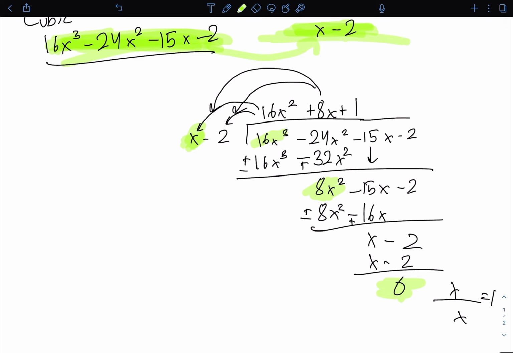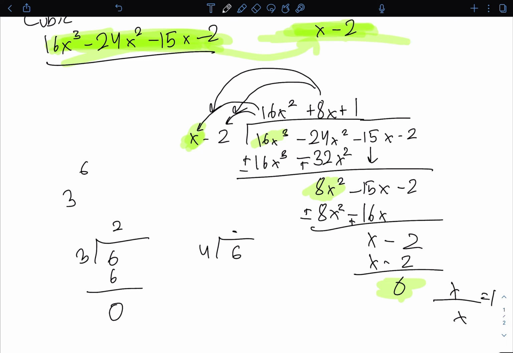For something to be a factor of another thing, when you divide them, the remainder should be 0. Otherwise, it's not a factor. So I can say that 3 is a factor of 6. Why can I say that? Well, when I divide 6 by 3, that's 2, 6, and that's 0. But I can't say 4 is a factor of 6, because when I do that, this becomes decimals and stuff. I'm not going to do the whole procedure.